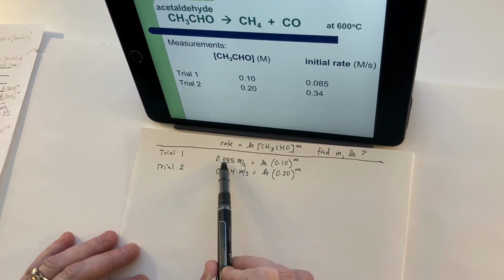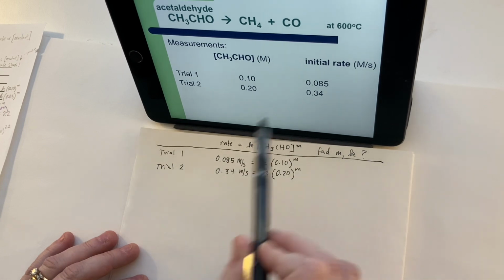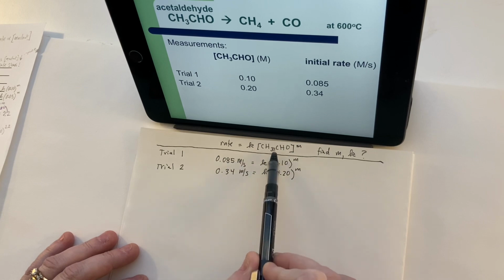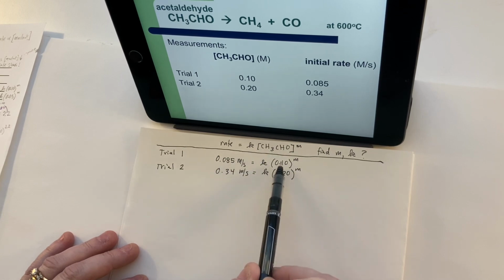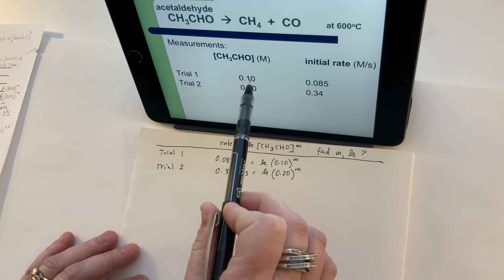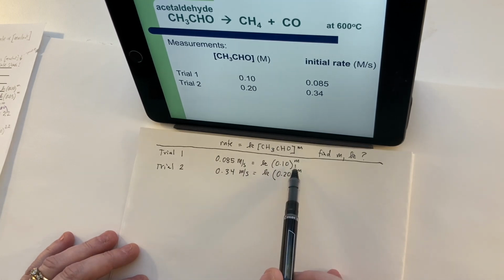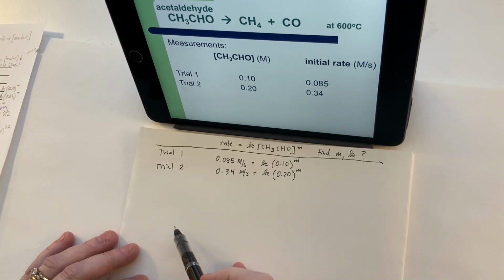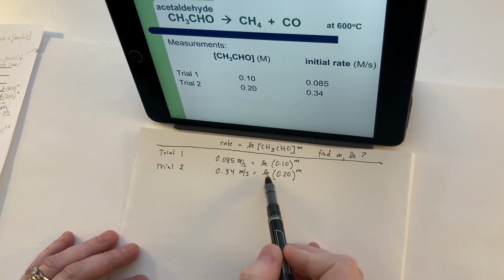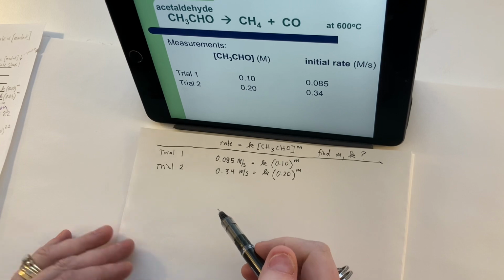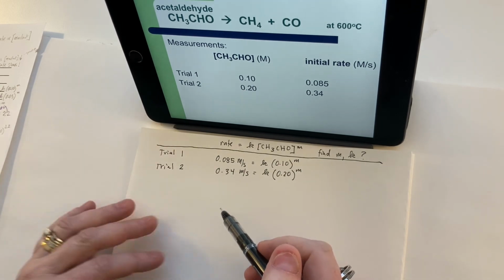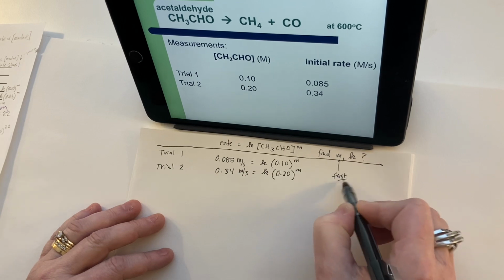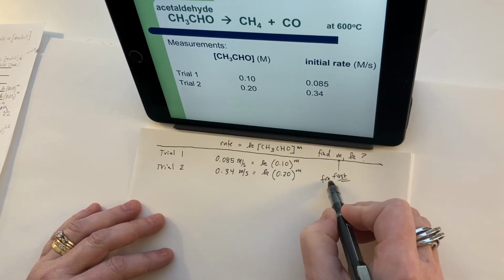So here the rate for trial 1, 0.085, set equal to the k, which is your unknown, and the concentration of the reactant in that trial, raised to a power. And then I've got trial 2 there as well. So I have 2 equations and 2 unknowns. If I want to mathematically solve for these, I want to find the order first.